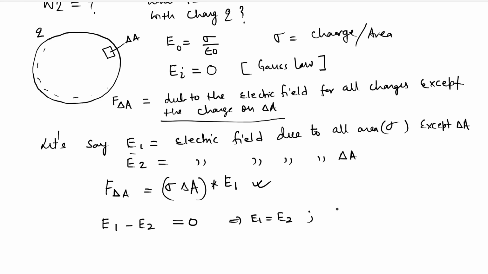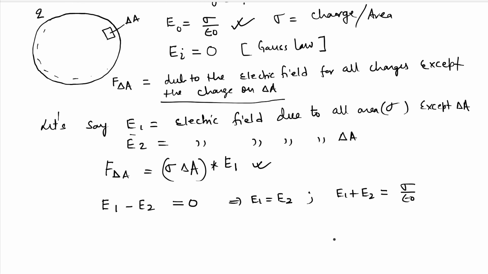And since the total electric field E1 plus E2 is equal to sigma by epsilon naught here, because for a conductor carrying a charge Q, the electric field outside is sigma by epsilon naught, therefore E1 equals E2 equals sigma by 2 epsilon naught.